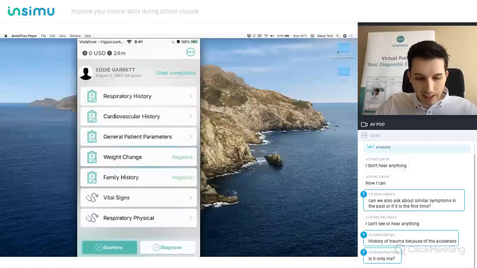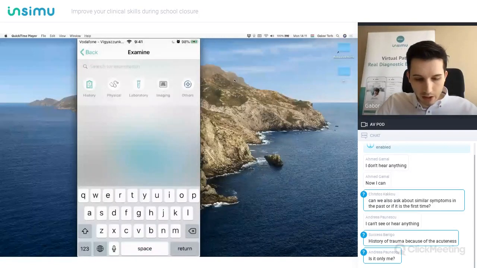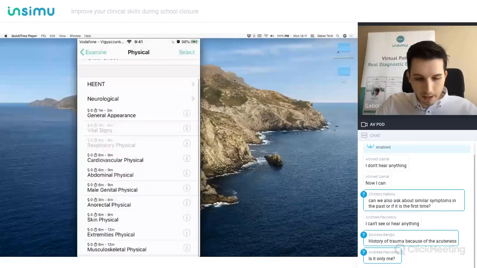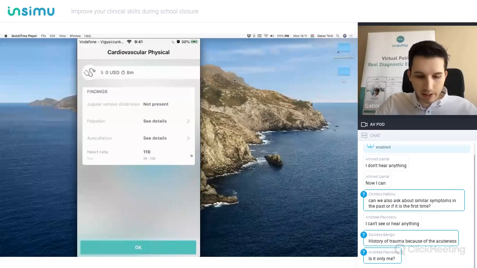I would still ask for a cardiovascular physical. Yes, certainly the heart rate is increased. We can check that as well. We see a bit of a difference. As far as I remember, previously it was 107 and now it's 110. It is normal because with different tests, you measure the same parameter a bit differently.